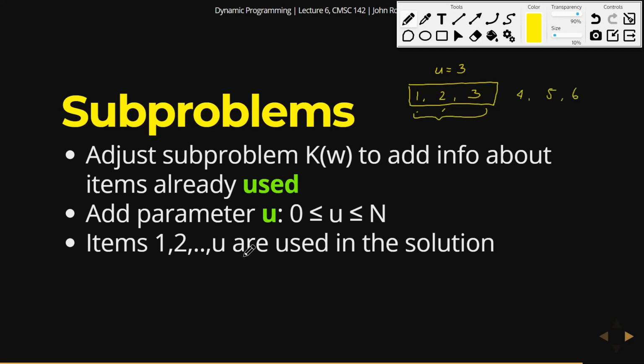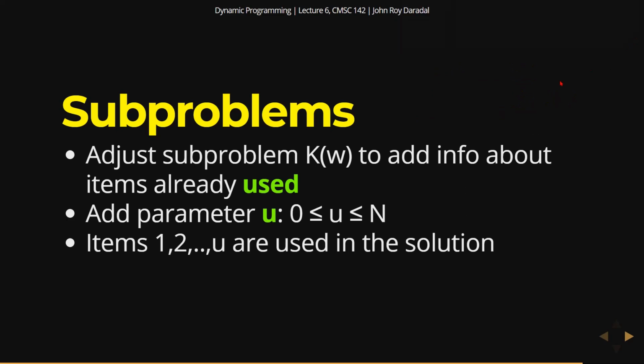These were not considered in the optimal solution. Okay, only these items were considered, but again, that doesn't mean that all three items here were part of the solution. Okay, they are only the candidate choices. Now if you have U equal to 4, then that means that you considered up to item 4 for the optimal solution, but you did not consider the others. Okay, so that's what we'll be using parameter U for.